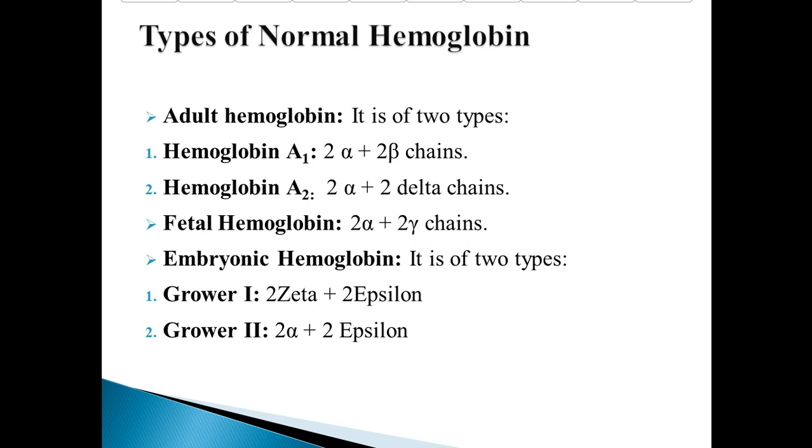It is of two types: Gower 1 and Gower 2. Gower 1 has 2 zeta and 2 epsilon chains, while Gower 2 has 2 alpha and 2 epsilon chains. So these are the physiological types of hemoglobin, that is mainly of three types: adult, fetal and embryonic.